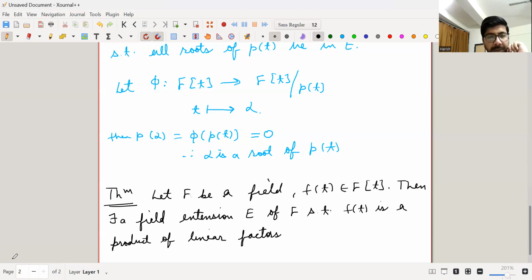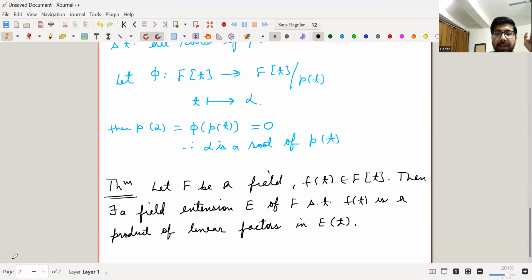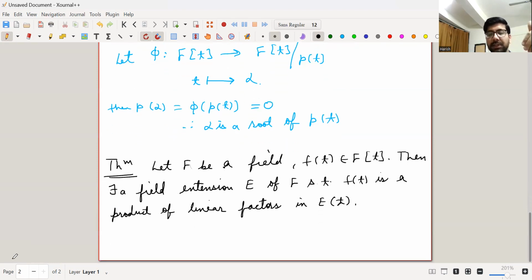This theorem says that there always exists an extension such that f factorizes as linear factors, meaning all roots of small f are inside the field capital E. So it may not be a product of linear factors in F[t], but there always exists an extension of F such that it can be linearly factorized in that field.